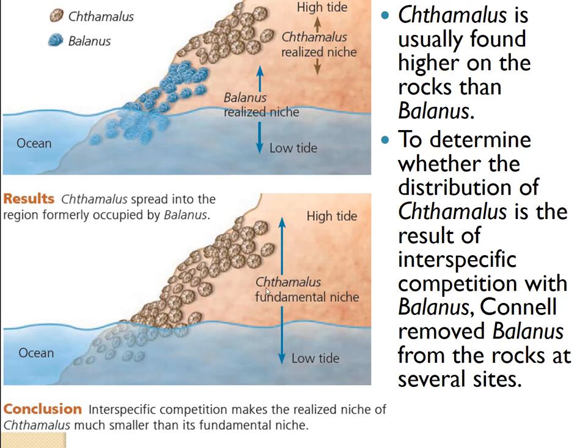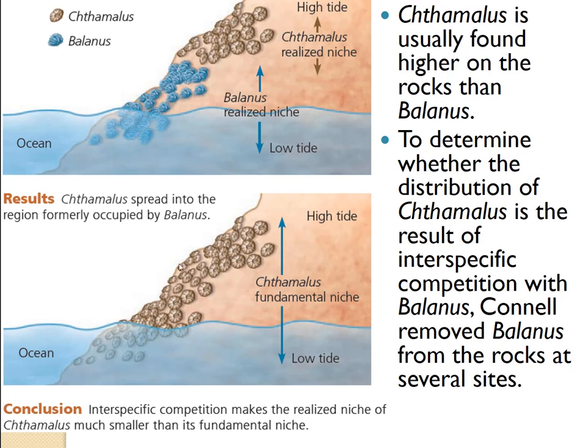So you can see that the fundamental niche of Tamalus actually becomes wider due to no competition. So as a conclusion, interspecific competition, meaning competition between two different species, makes the realized niche of Tamalus much smaller than its fundamental niche.